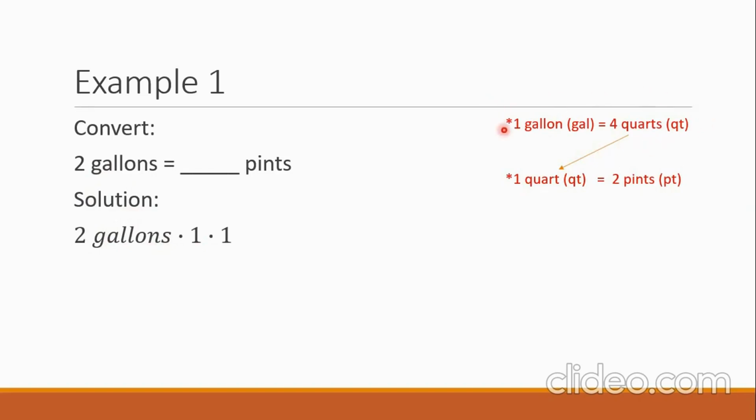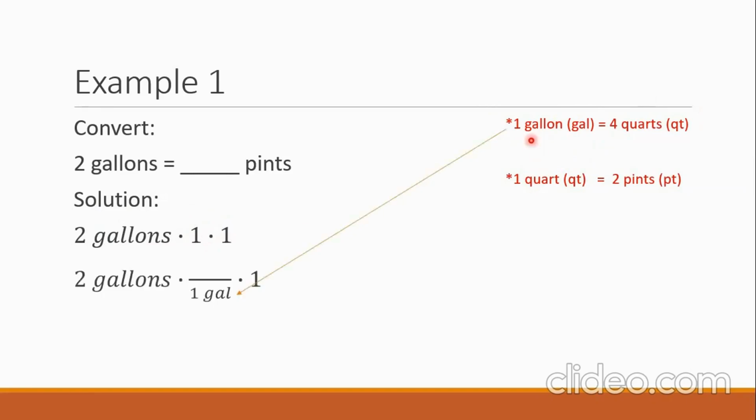that we can see here with the gallon unit, and the first one is this. The 1 gallon equals 4 quarts. So I'm going to use this to substitute in my first 1 factor.